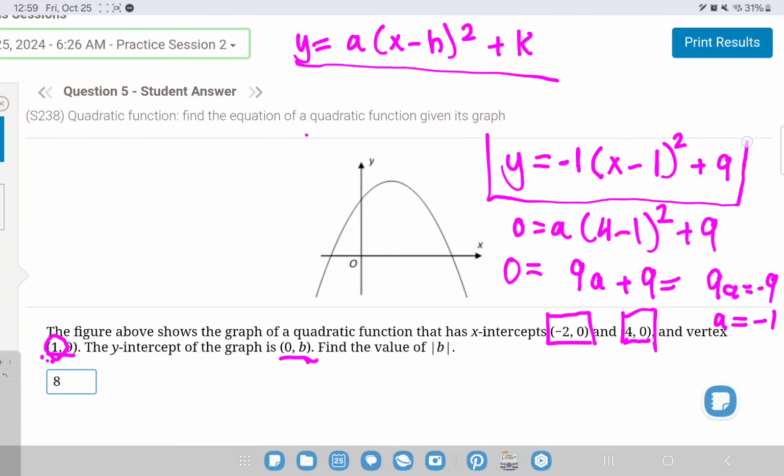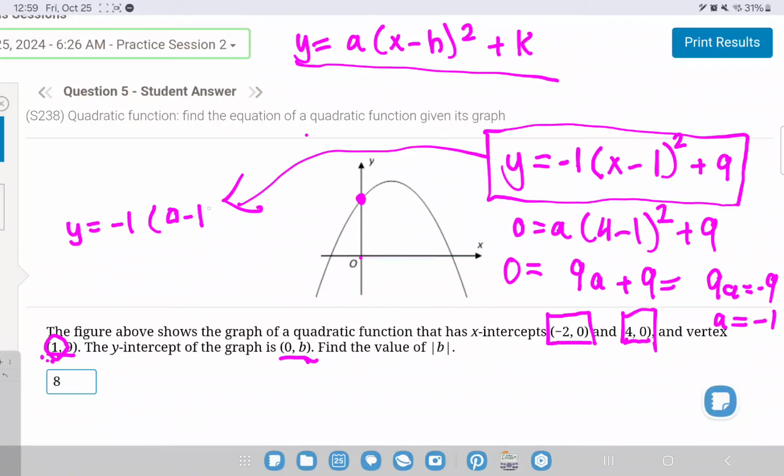This is our equation. Now we need to find the y-intercept. What is the y-intercept? It's the point where your graph touches the y-axis. So what this means is your x has to be 0. So knowing this, we're going to rewrite this, but we're going to replace x with 0. y equals negative 1 times (0 minus 1) squared plus 9.